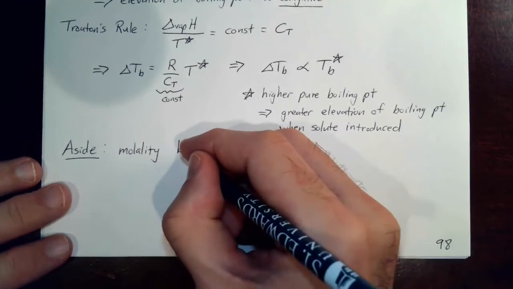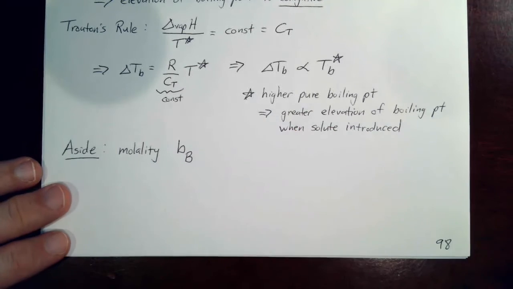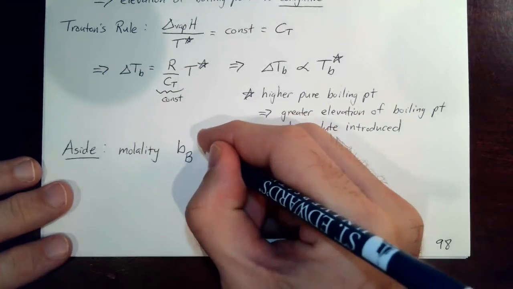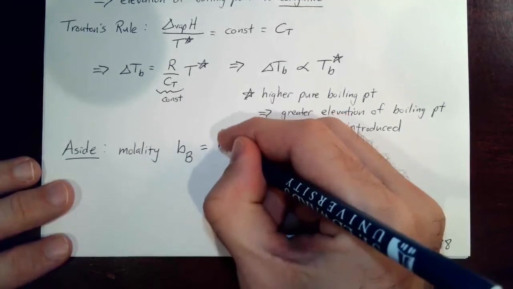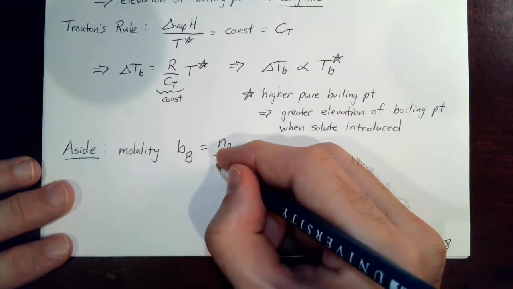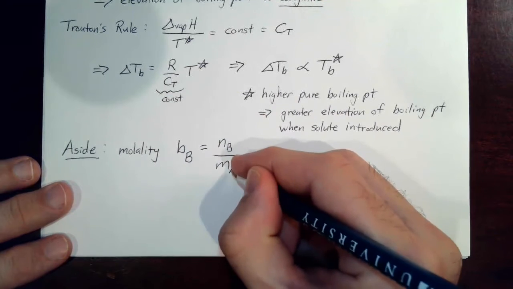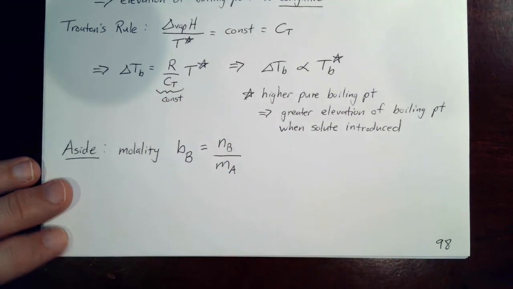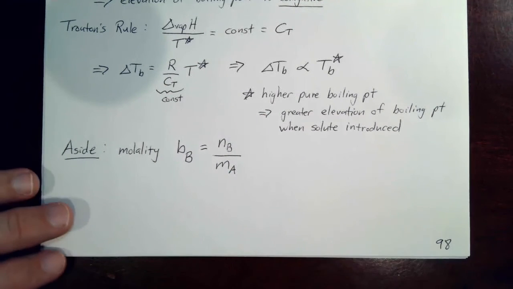And we're talking about the molality of the solute. So that's the species capital B. And this is defined to be the number of moles of the solute divided by the total mass of solvent. Okay, so that's the definition of molality.